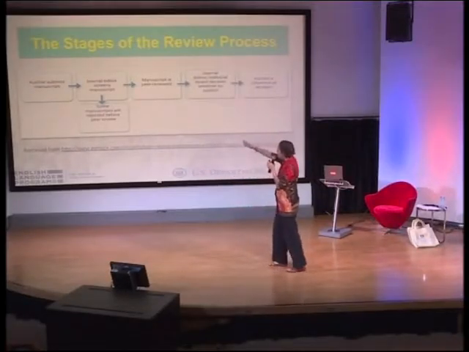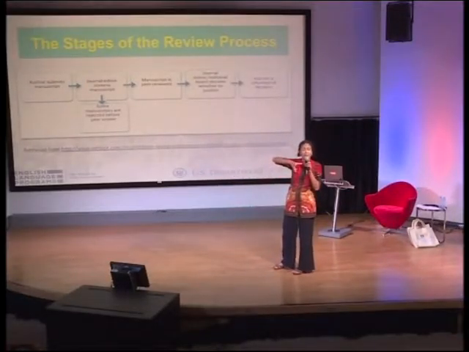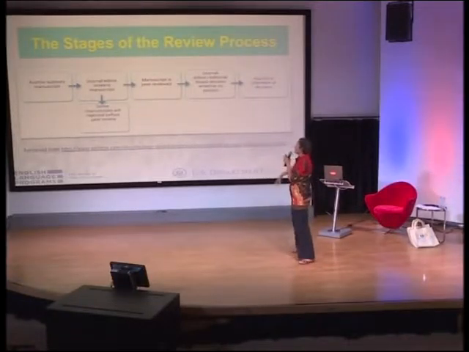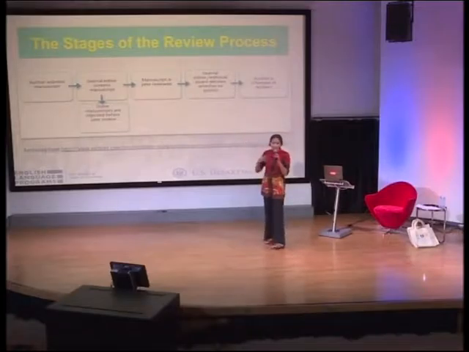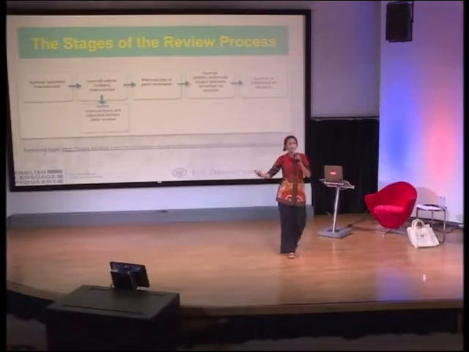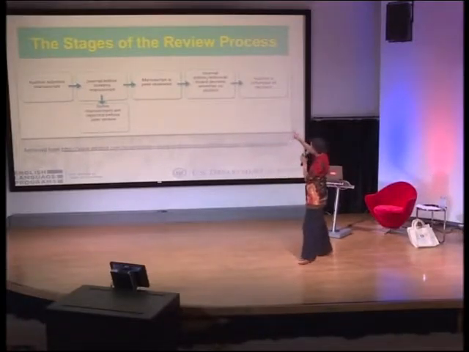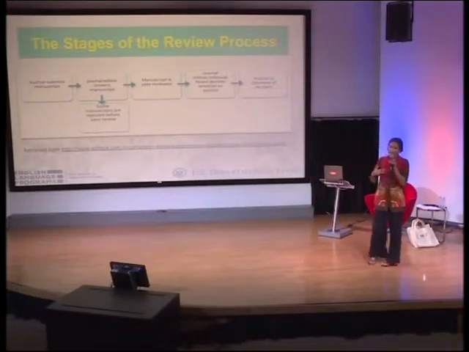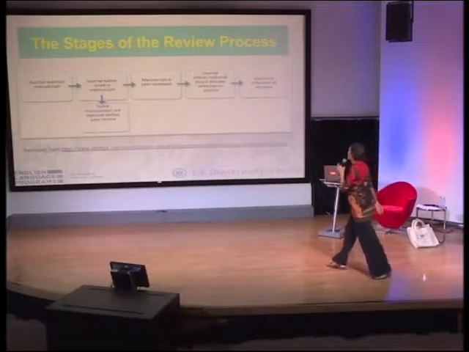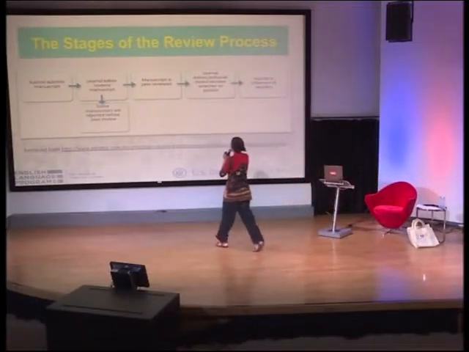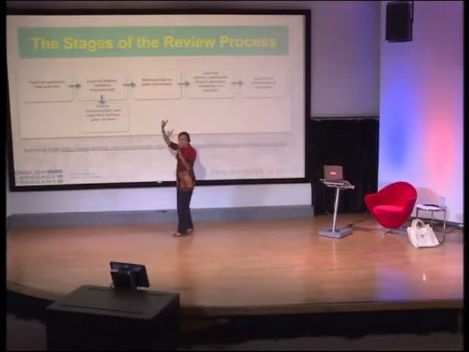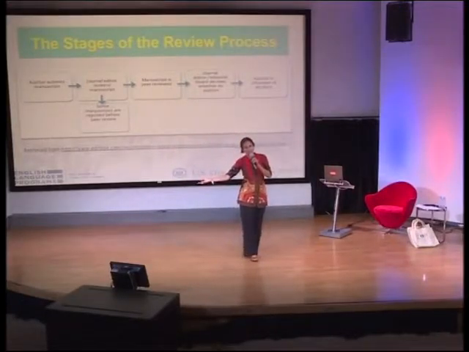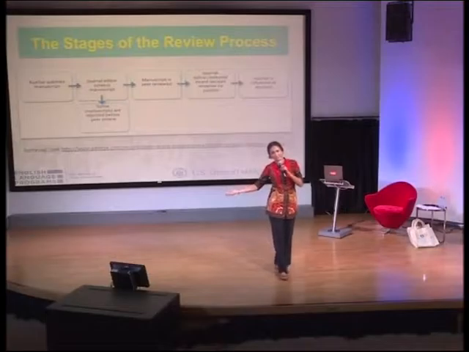And then if they screen it and they decide, yeah, this could go to the next stage, then they peer review it. So several people read it. And then the journal or the journal editor or the editorial board decide whether to publish or not. But then, after they peer review the manuscript, they're going to tell you, you need to do this or do that, change this or change that.